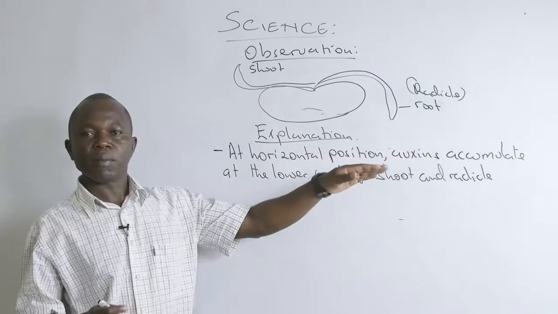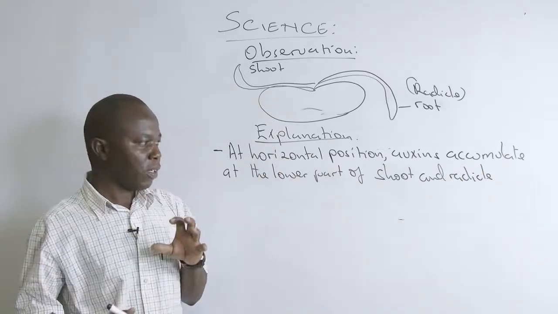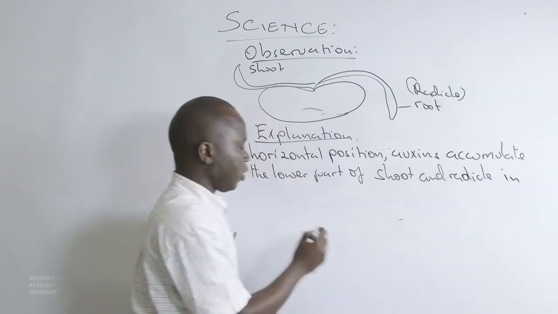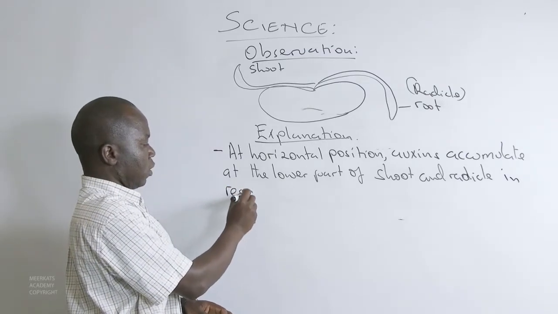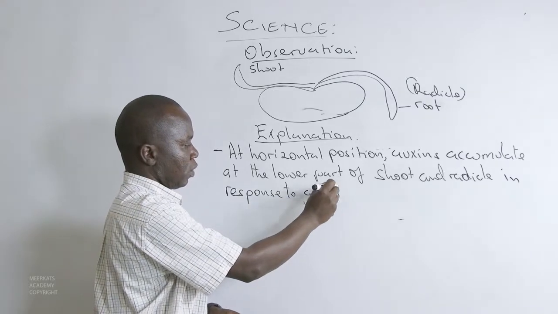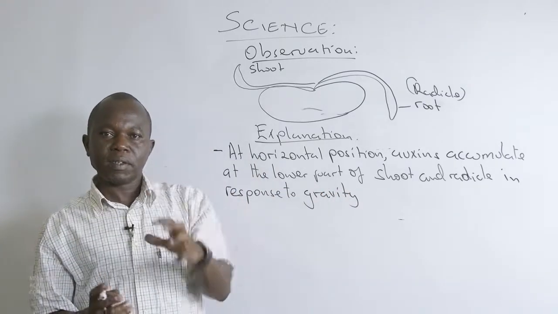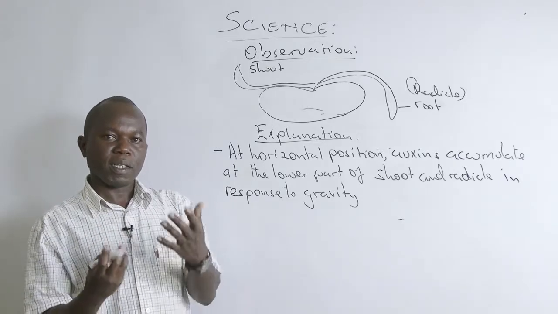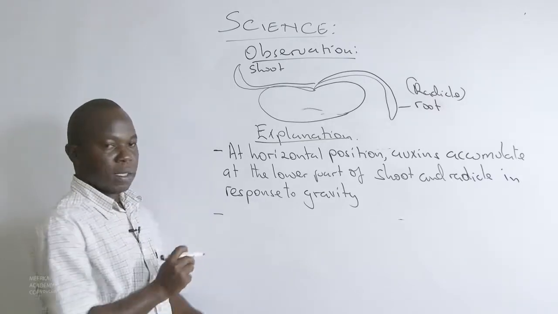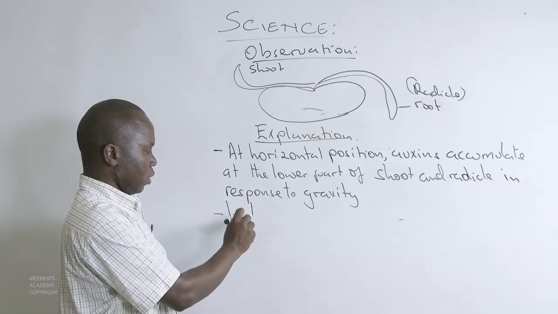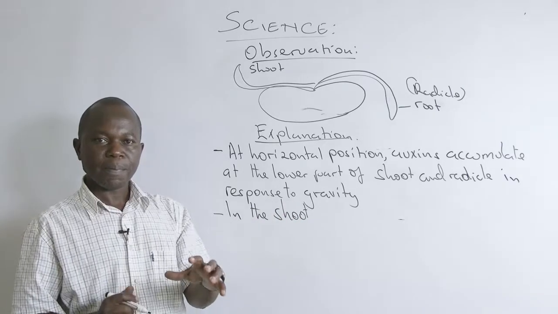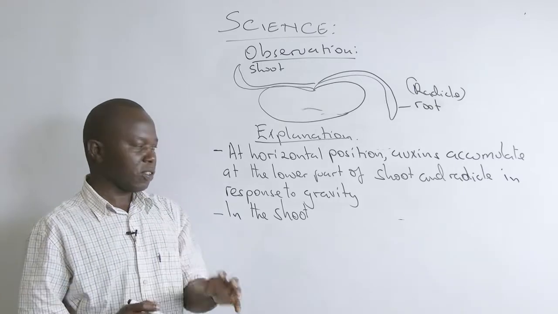So what is causing this accumulation? It is due to the effect of gravity, in response to gravity. In other words, gravity is the one that's causing auxins to accumulate at the lower part of the shoot and the radical. Now in the shoot, we have said auxins have a stimulatory effect.